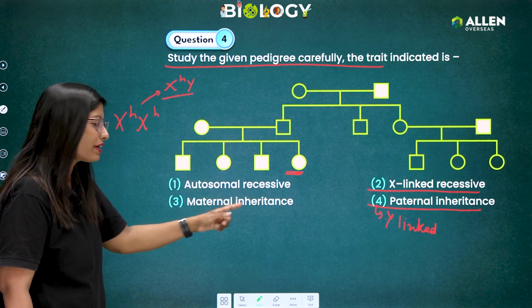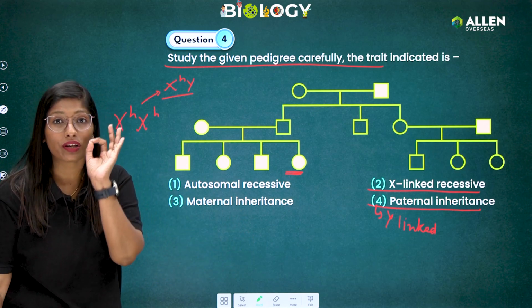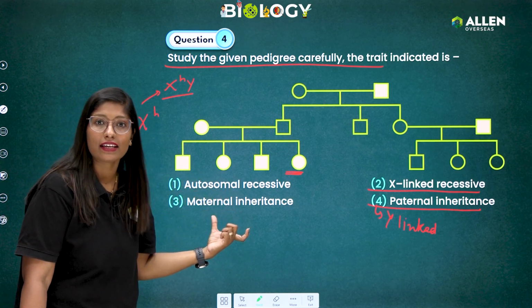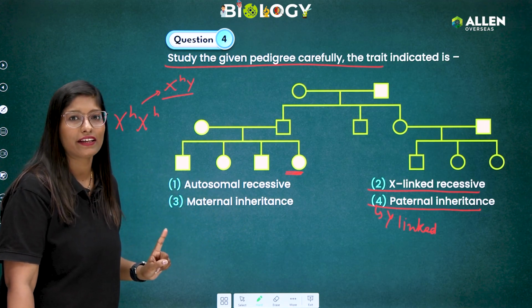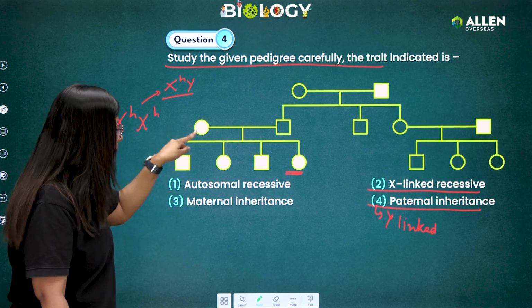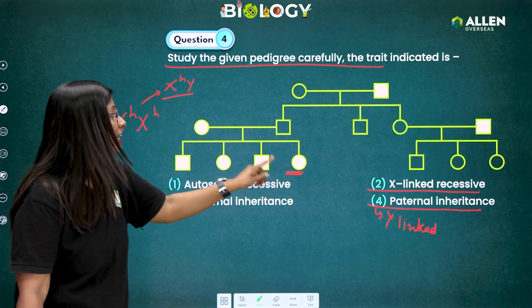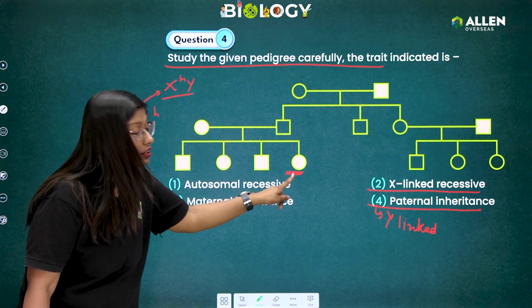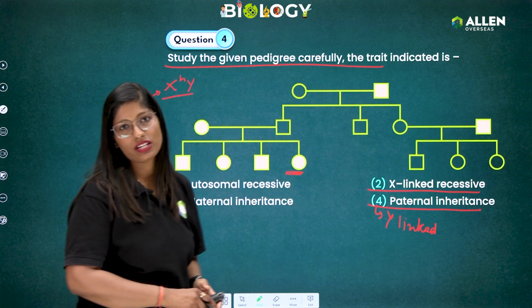Autosomal recessive can also be an answer, maternal inheritance can also be an answer, but the answer which will go is maternal inheritance. Why? Because the key point for pedigree analysis of maternal inheritance or cytoplasmic inheritance is that if the mother is affected, all the progenies are affected, whereas if the father is affected, none of the progenies are affected.